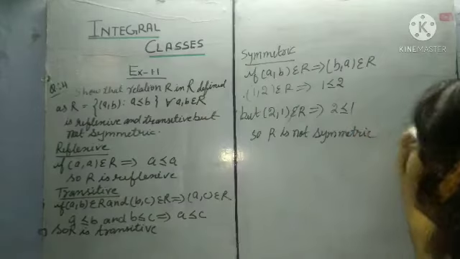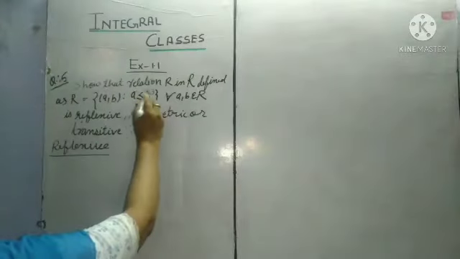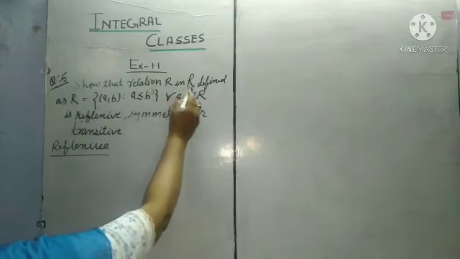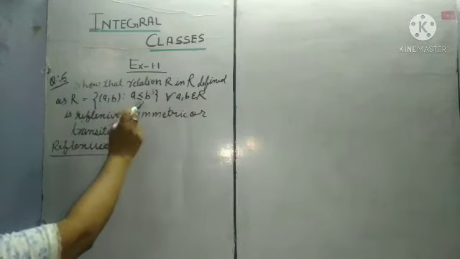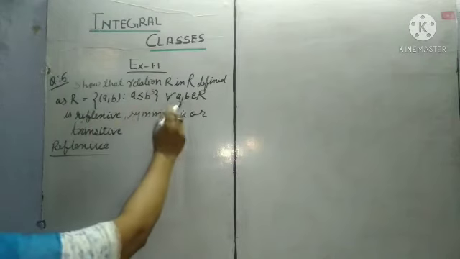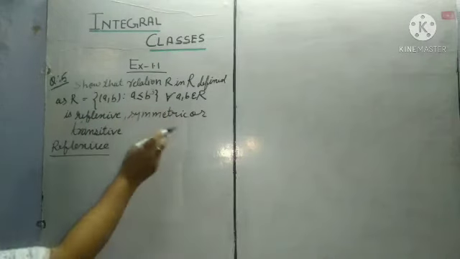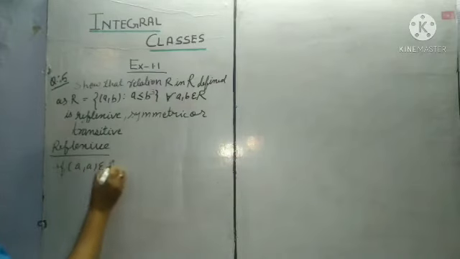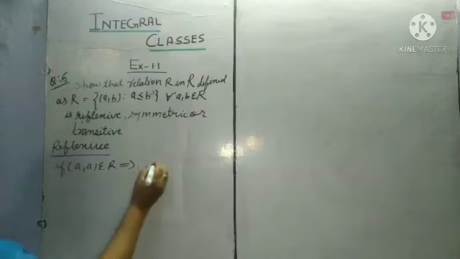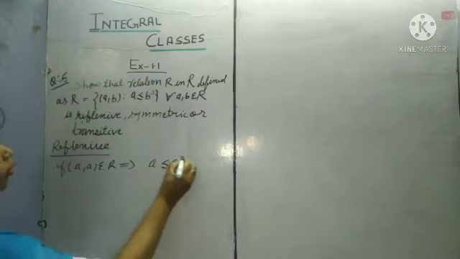To show that the relation R in R defined by (a, b): a is less than or equal to b cubed, for all a, b belonging to R, is reflexive, symmetric or transitive. So student, as we know, first we will prove reflexive. If (a, a) belongs to R, it implies that a is less than or equal to a cubed. It should be.